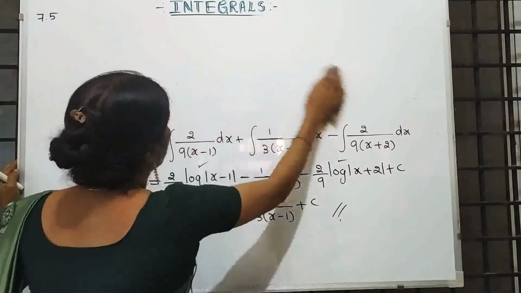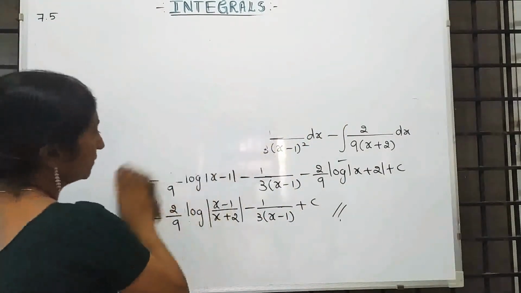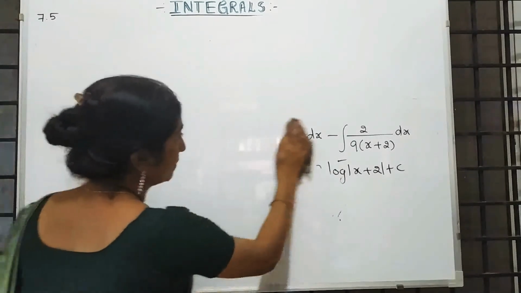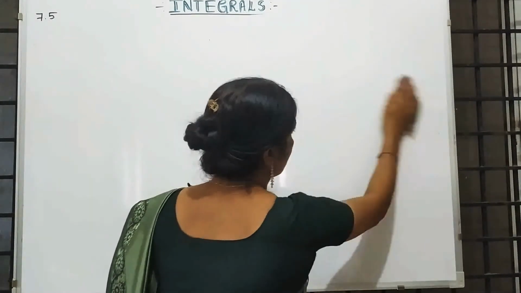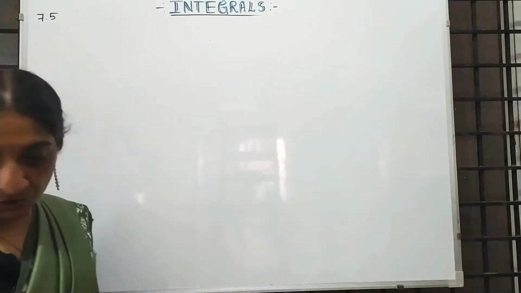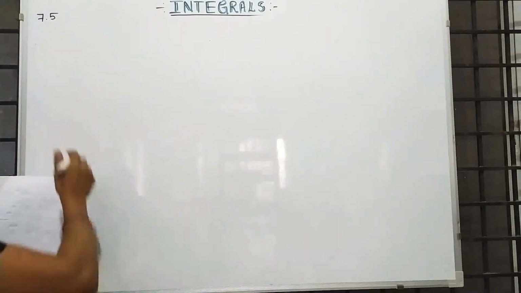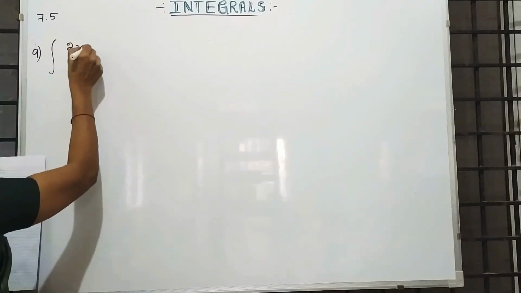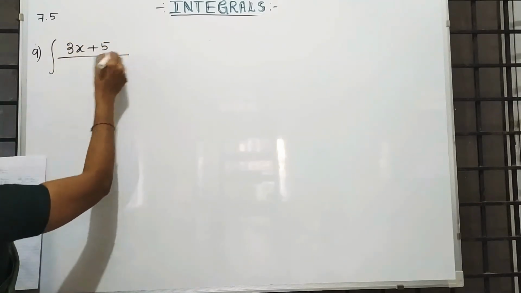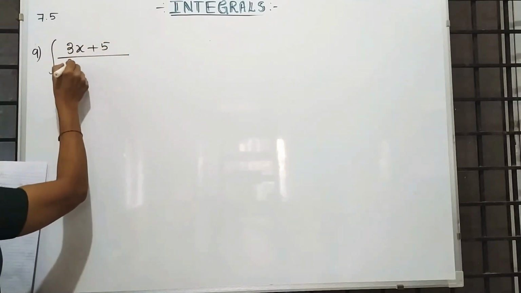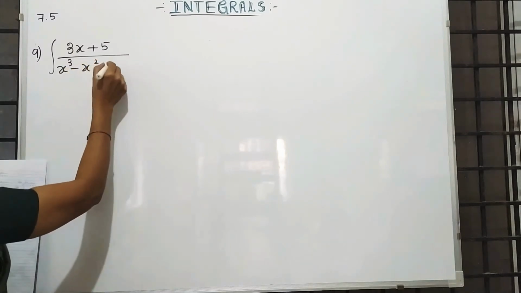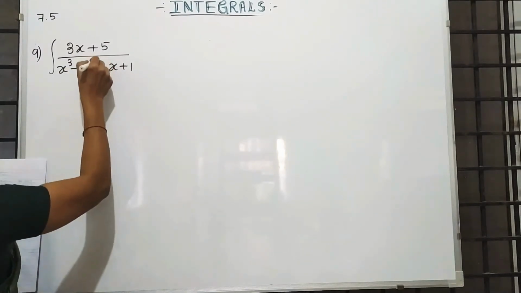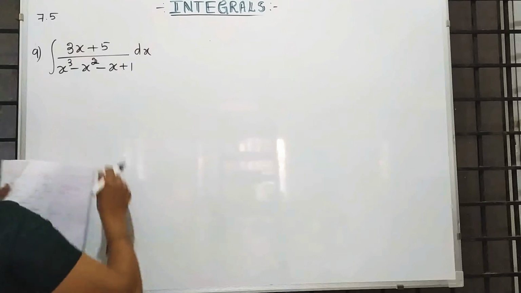In exercise 7.5, question number 9. 3x plus 5 upon x cube minus x square minus x plus 1 into dx.